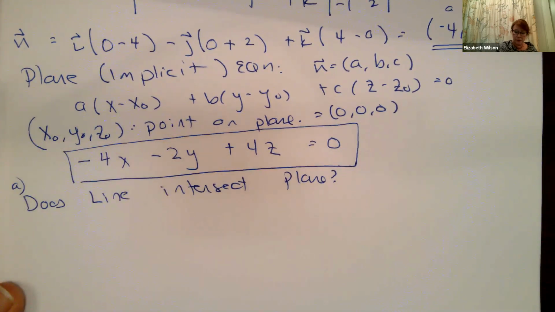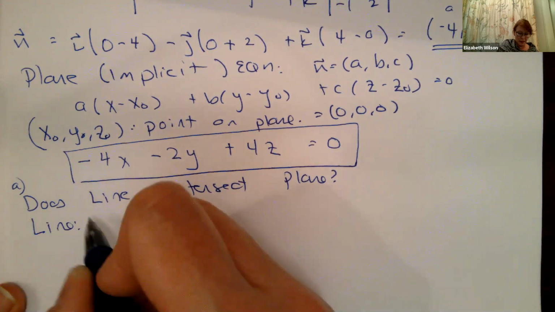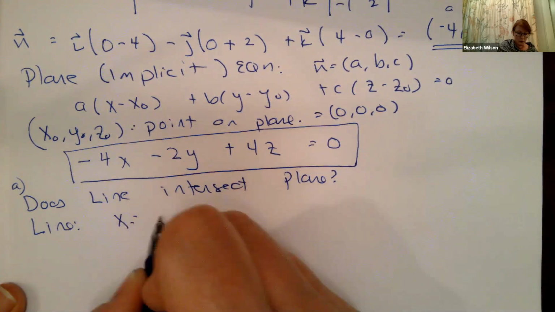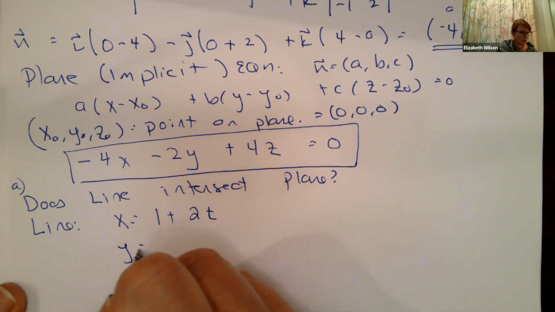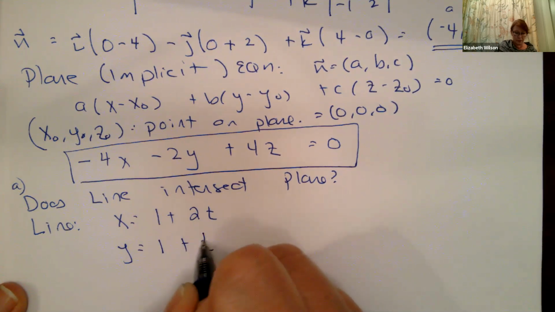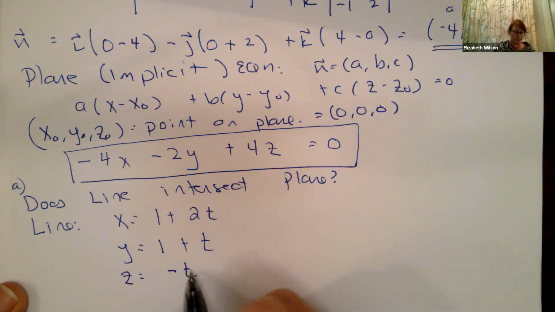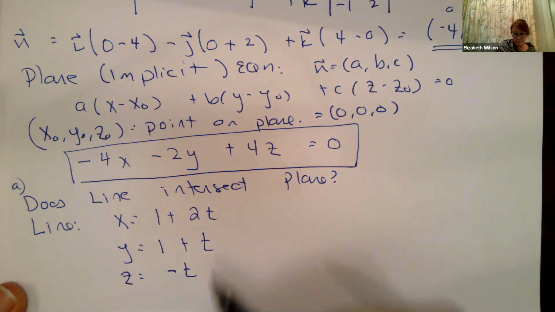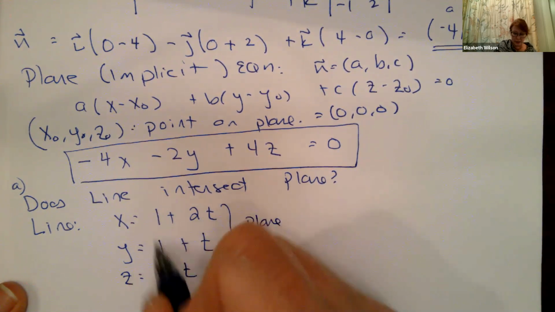So I've got my line: my x component is equal to 1 plus 2t, my y component is equal to 1 plus t, my z component is equal to 0 minus t. I'm going to plug this into the plane for x, y, and z.